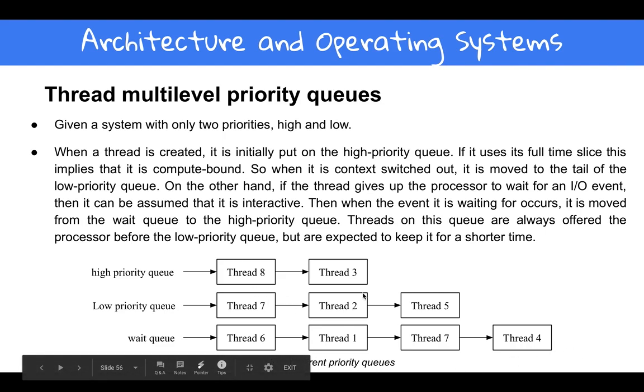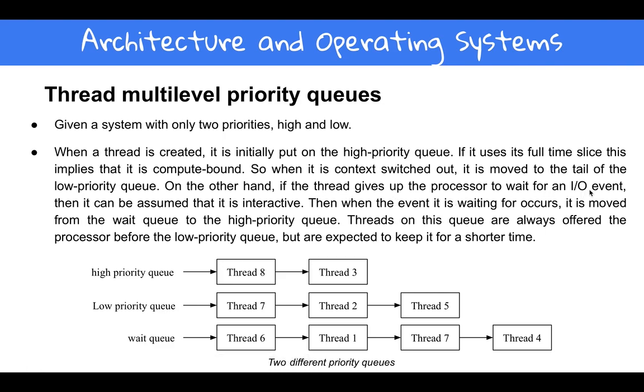Then the low priority. On the other hand, if the thread gives up the processor to wait for an input-output event, for example, then it can be assumed that it is interactive. Then, when the event it is waiting for occurs, it's moved from the wait queue to the high priority queue. Threads on this queue are always offered the processor before the low priority queue, but are expected to keep it for a shorter time.